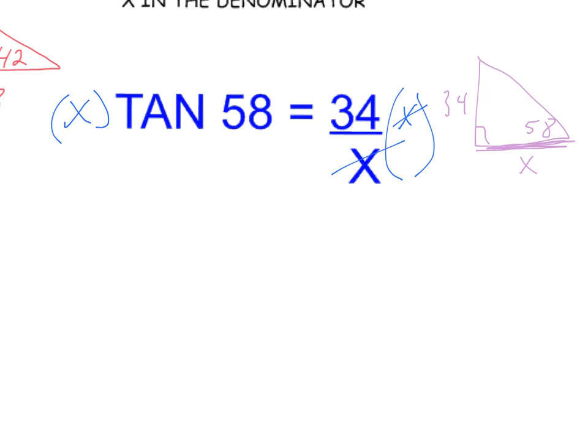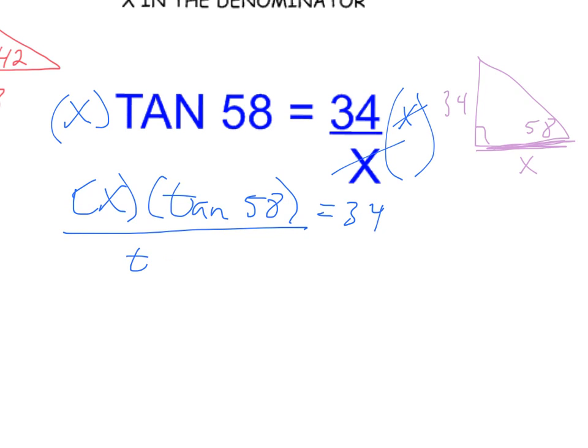That leaves us with x times tangent 58 equals 34. Well, I still want the x by itself, so I'm going to divide by tangent 58. I'm going to do that to both sides.